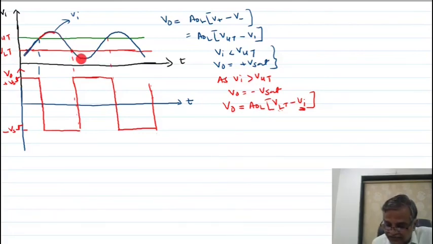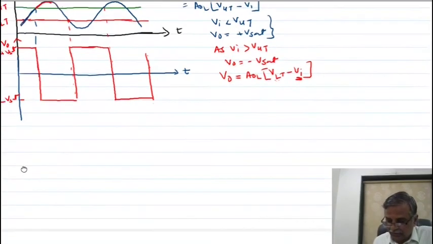So see here, Vi is less than VLT, so it is positive. As it becomes positive, immediately my output equation is this, so it becomes the upper threshold voltage level. Again, when my Vi is more than VUT, at this point it changes the state. So I told you that the circuit triggers at the upper threshold voltage level while the signal is increasing. I think you understand this.